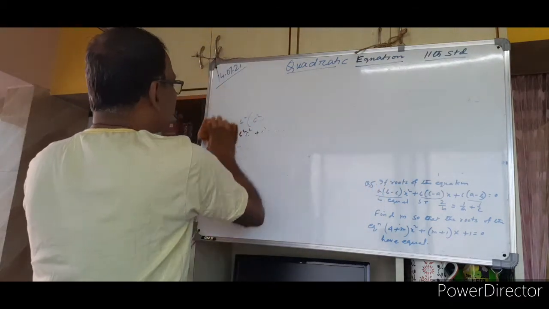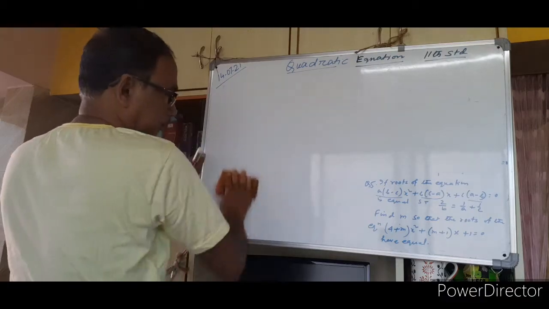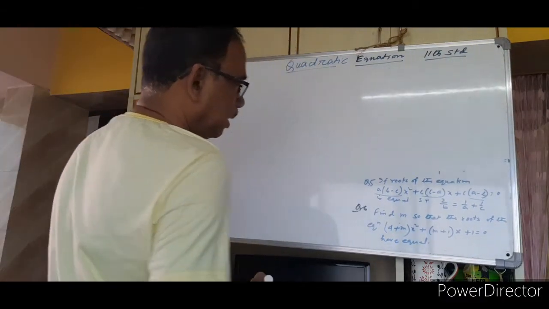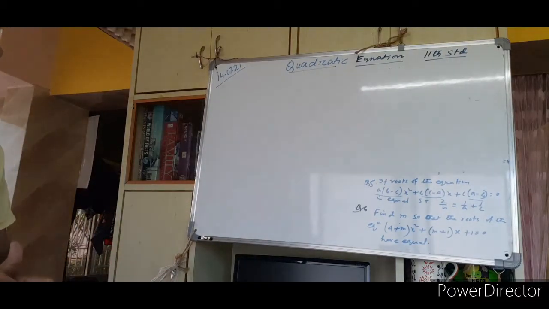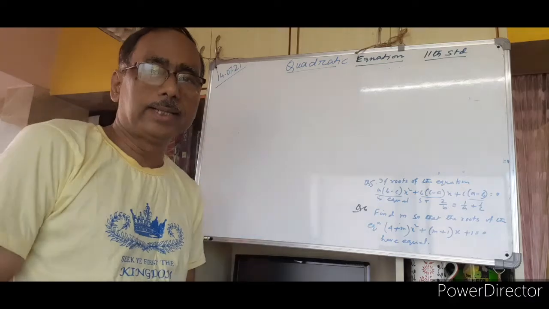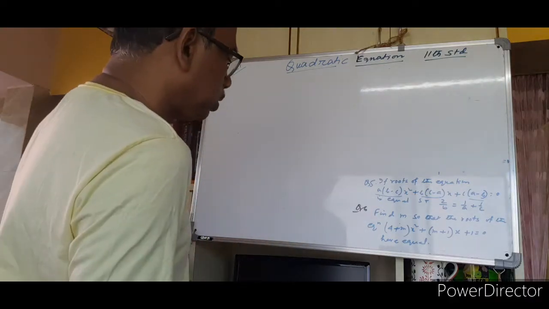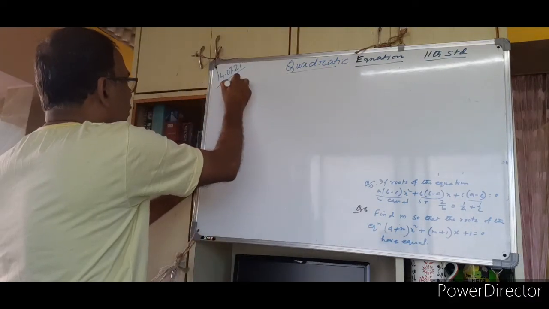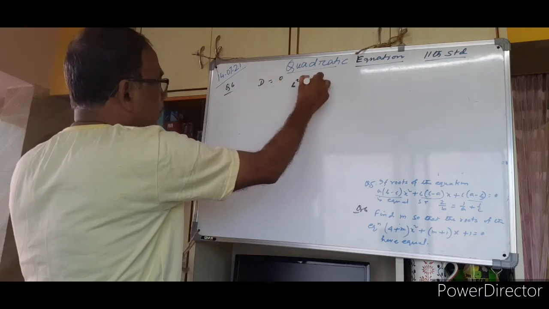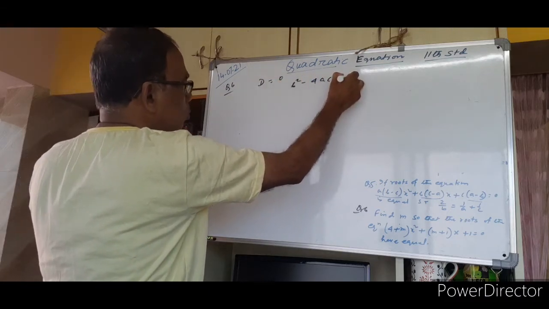Question number 6. This is question number 6. Find m. Show that the roots of the equation are equal. Here roots of this equation are equal means, question number 6, discriminant should be 0. That is b square minus 4ac equals 0.